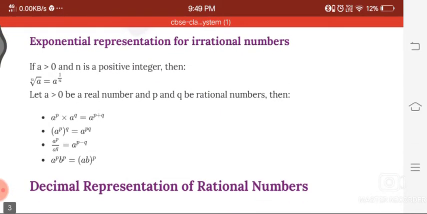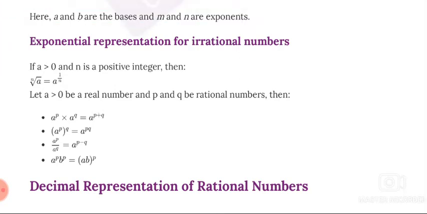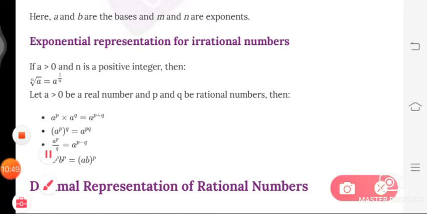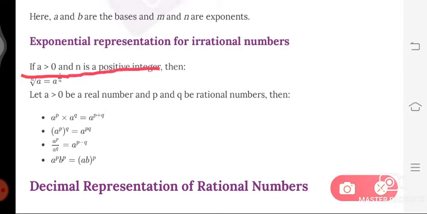Okay, so exponential representation of irrational numbers. If a is greater than 0 and n is a positive integer, then nth root a is equal to a raised to the power 1 by n.